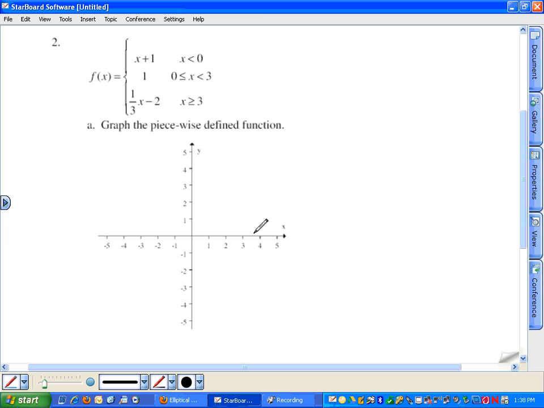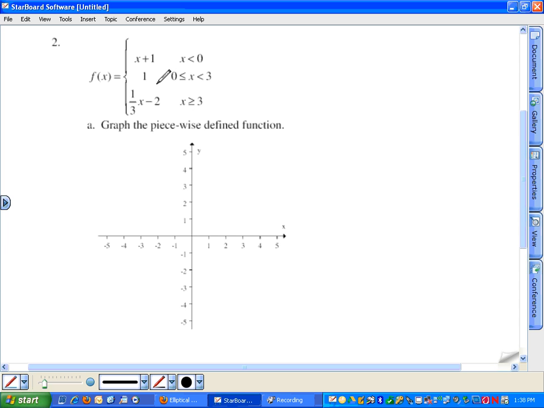Okay, graphing a piecewise function. If you remember, it's called piecewise because the function is not continuous. There's a piece of the function here, maybe there's one down here, and there's just different pieces of the function according to its domain.